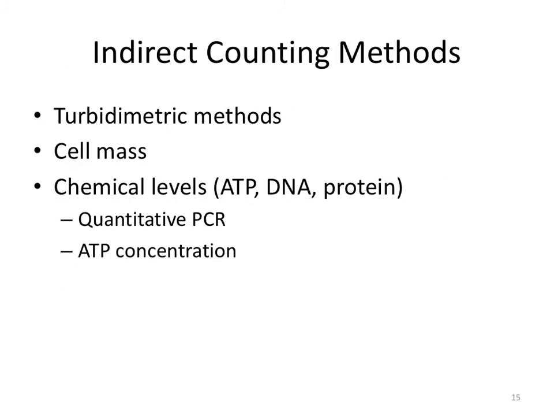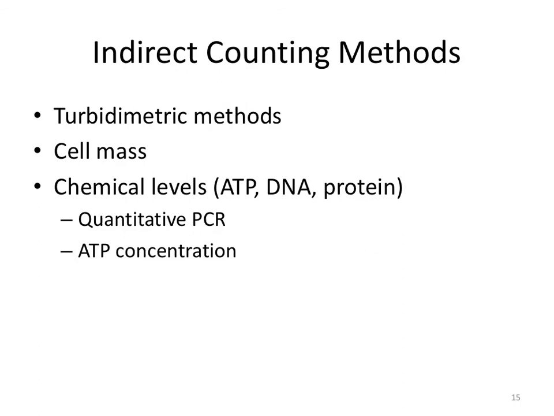So let's talk briefly about indirect counting methods. These are methods that do not rely on growth per se, or do not rely on directly visualizing cells or colonies per se. Methods that are indirect are turbidimetric methods, assessing cell mass, and assessing chemical levels. Cell mass would mean just weighing cultures, taking the dry weight of them over periods of time and using that to show population growth.